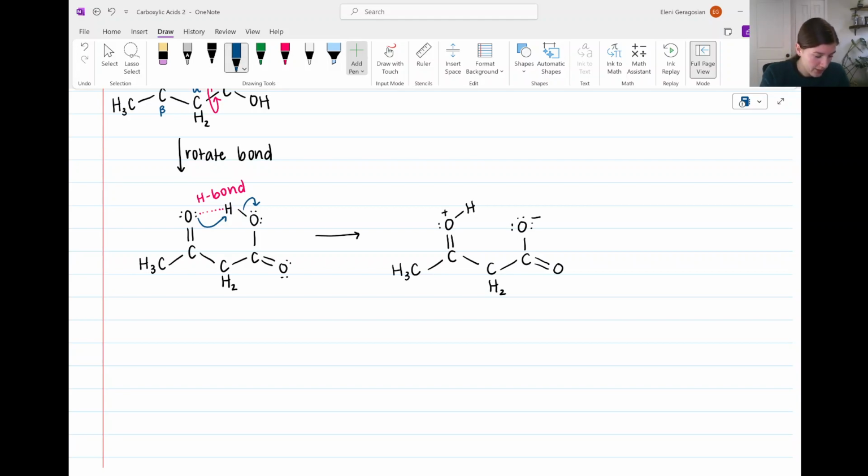Now once we're here, the negatively charged oxygen creates a double bond to the carbonyl carbon below it, the carboxylic acid carbon. The carbon to carbon single bond breaks and will form a double bond between the two carbons on the left, and the pi bond between carbon and oxygen will break.